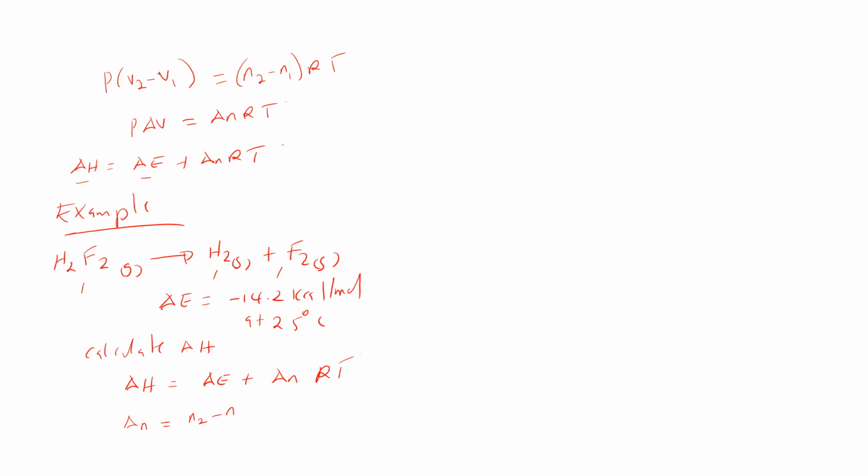N2 minus N1. What is N2? N2 will be 1 plus 1, which is equal to 2. N1 is equal to 1. And so N2 minus N1 is equal to 2 minus 1, and that is equal to 1.